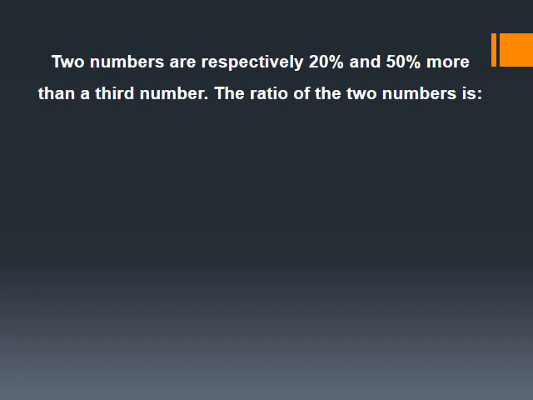In this case, we assume what the number is. That is how we start. So let the third number be x. The third number we do not know, so we put it as x.